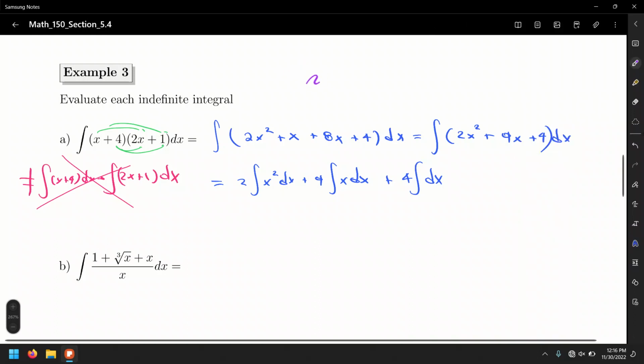So the integral of x to the n dx equals x to the n plus 1 over n plus 1 plus c, with the condition that n is not negative 1. Whenever n is negative 1 for the general power rule, we'll have another rule, and we already discussed this last time.